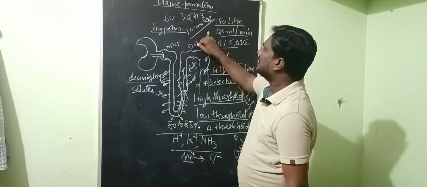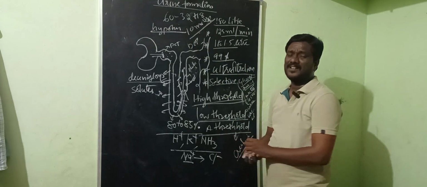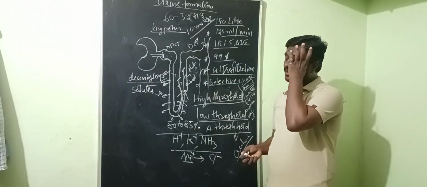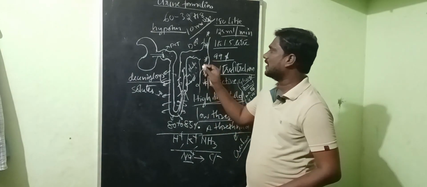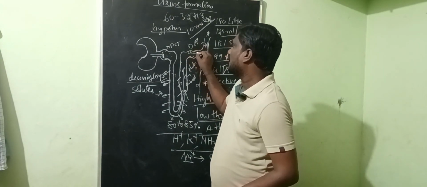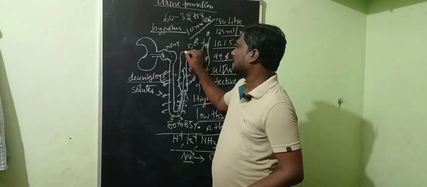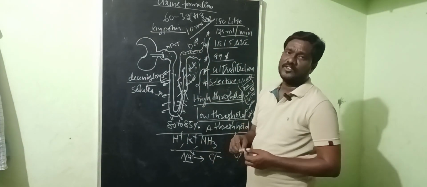Next one is the DCT, the distal convoluted tubule. Here the cells are very short, so they do not participate actively in reabsorption.